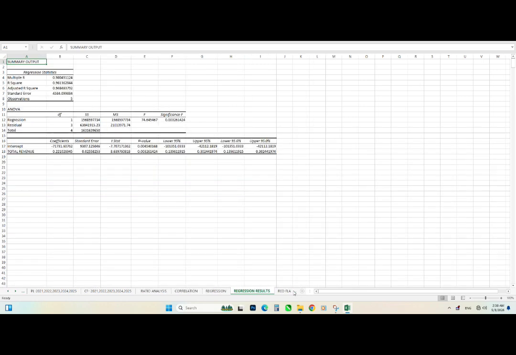This sheet shows the result of the regression model. This result indicates the strength and reliability of the relation between variables. A strong model helps in making accurate predictions and supports data-driven decision making.